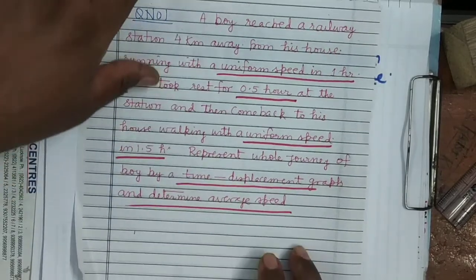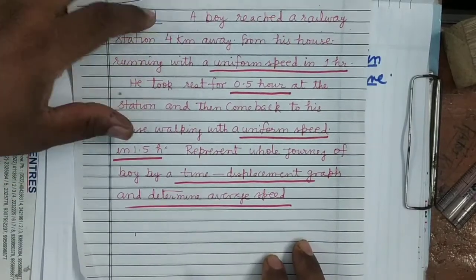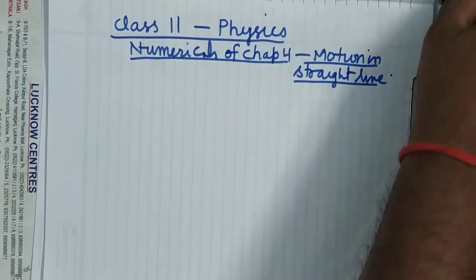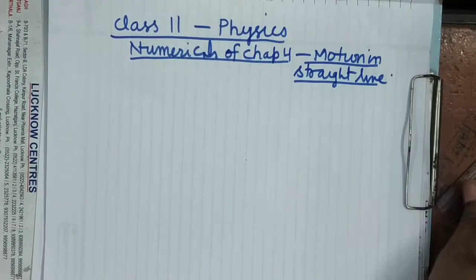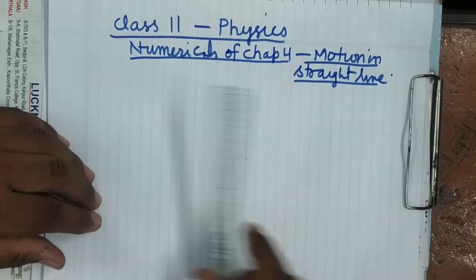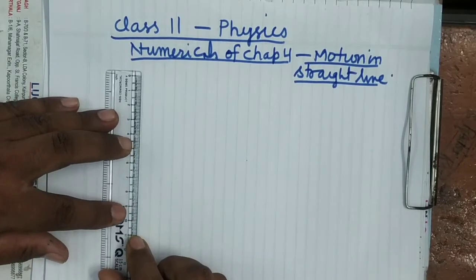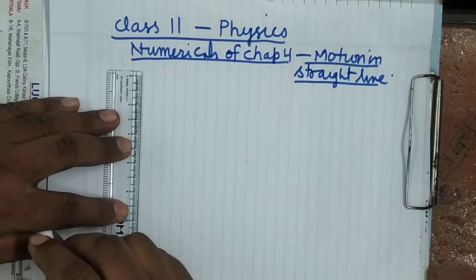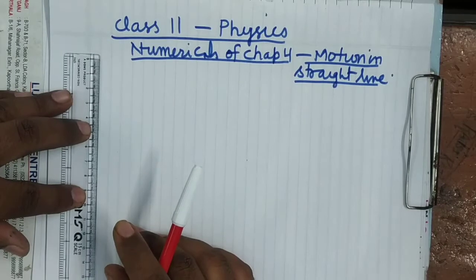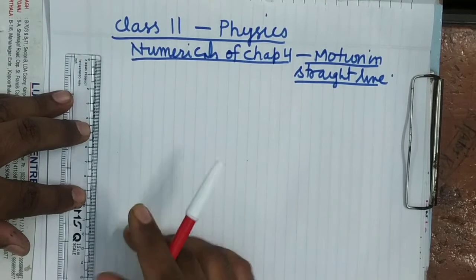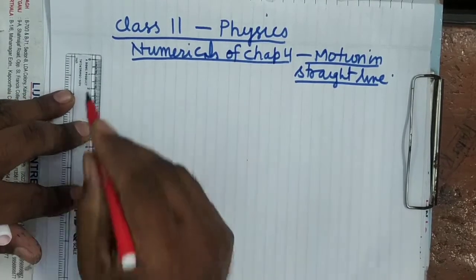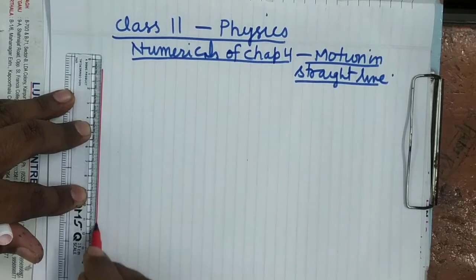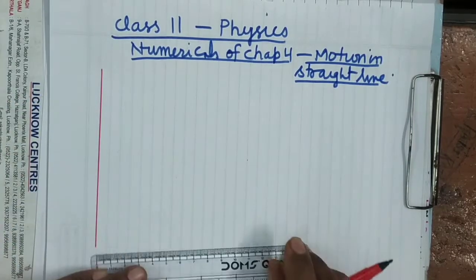Is it clear? Means you have to draw the displacement time graph. As you know, in the displacement time graph, displacement is taken along y-axis and time is always along the x-axis. Here I am making this.